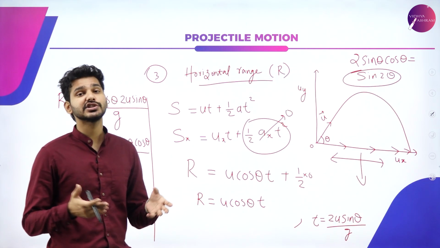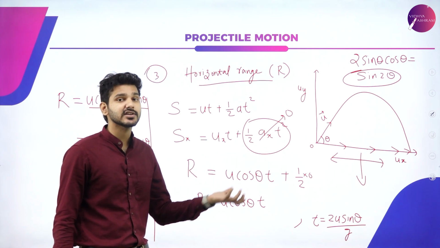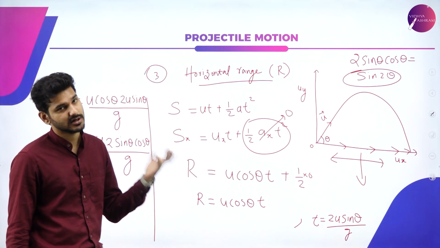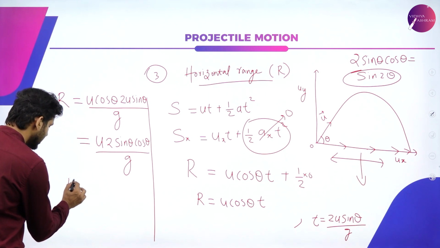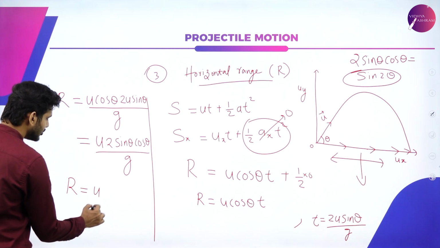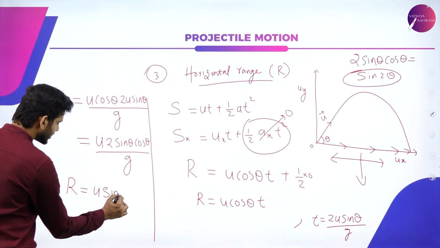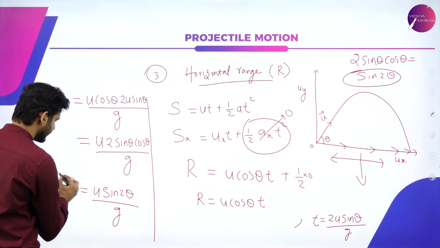That is a trigonometric identity that dictates 2 sine theta cos theta is always equal to sine 2 theta. So we can rewrite this equation, and we can write horizontal range R is equal to u square sine 2 theta divided by g.